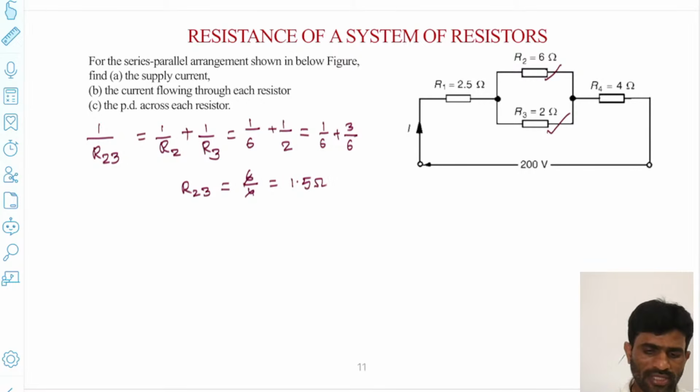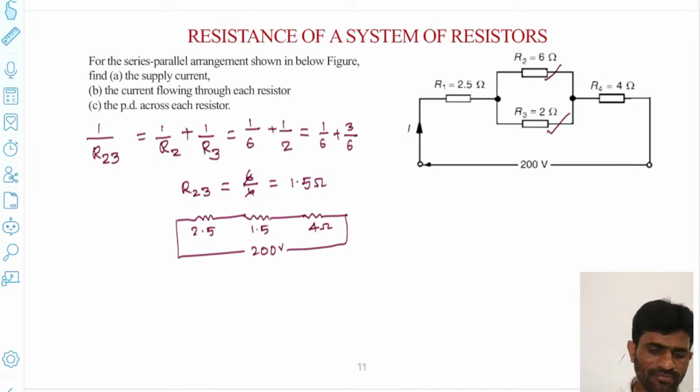Now like this it will be. This is 2.5, and in between is the effective resistance 1.5, and this is 4. Now how are these three resistors connected?